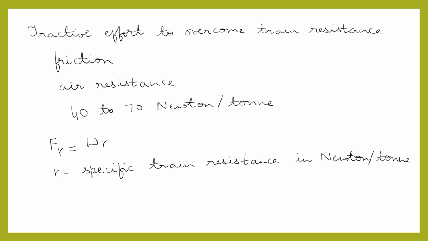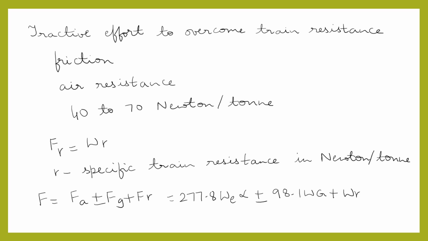Therefore, the tractive effort required for the propulsion of the train, F, is equal to Fa plus or minus Fg plus Fr, that is equal to 277.8 We alpha plus or minus 98.1 Wg plus Wr. So this is the total tractive effort required for the propulsion of the train.